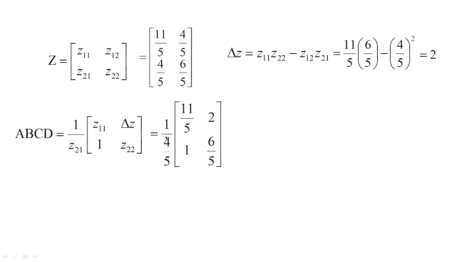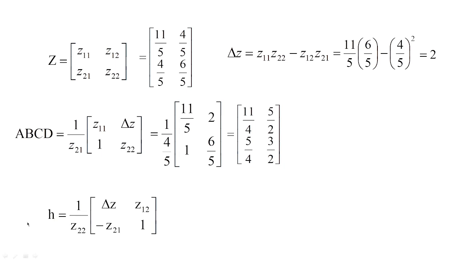Just multiply this 1 by 4 by 5 with the interior of this matrix, and we are going to get the ABCD parameters as 11 by 4, 5 by 2, 5 by 4 and 3 by 2. Now this is the same answer that we obtained using the standard transmission line parameters.